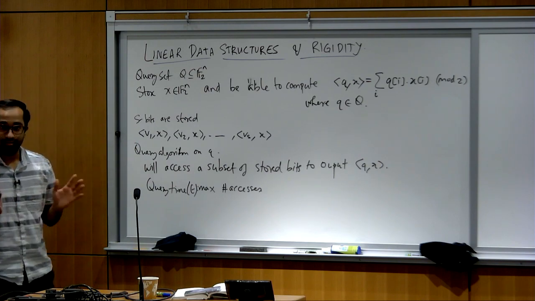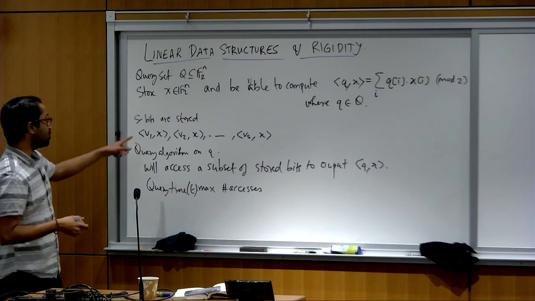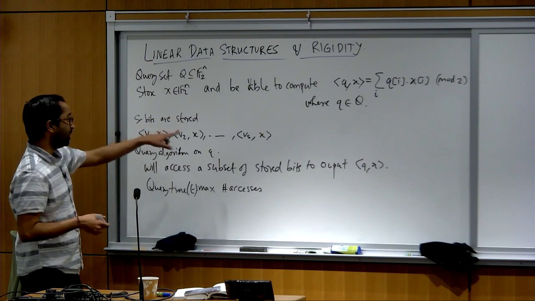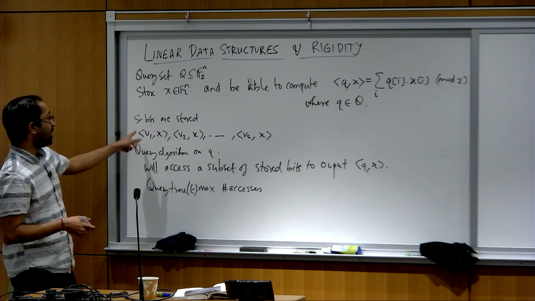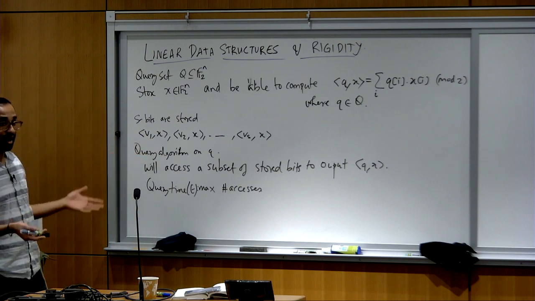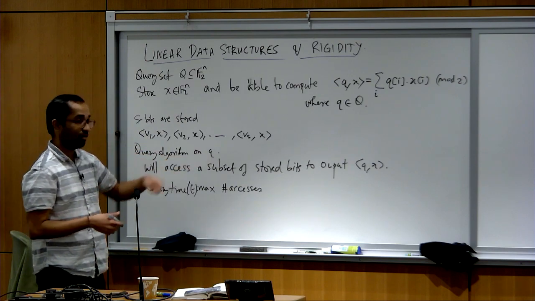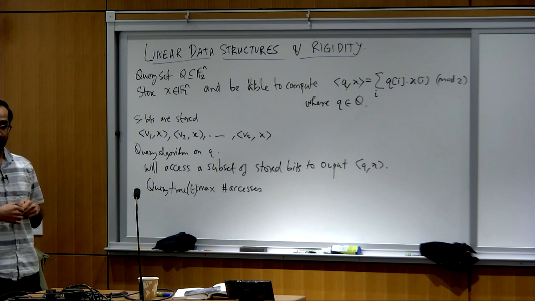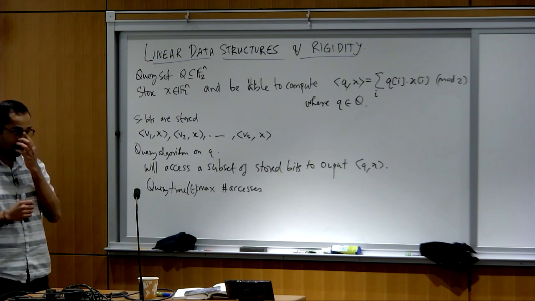You can always do it with n queries by just using e1 to en. Yes, exactly, Thomas is right: you can take s to be equal to n and store the inner product with any basis, even the standard basis, and it takes at most n time to compute the inner product. And are you assuming that the only way you can preprocess and store something is by computing these inner products?